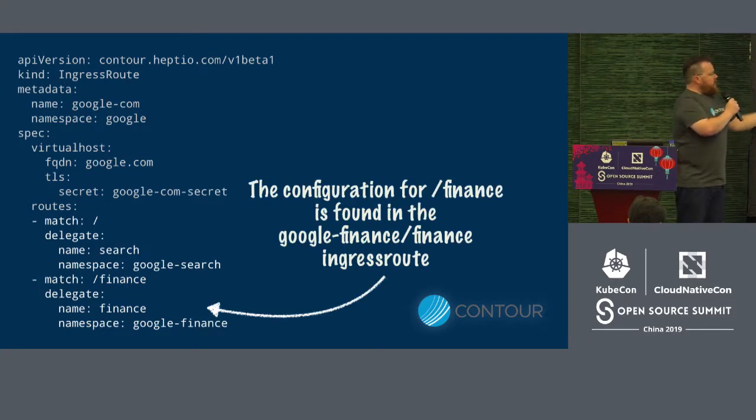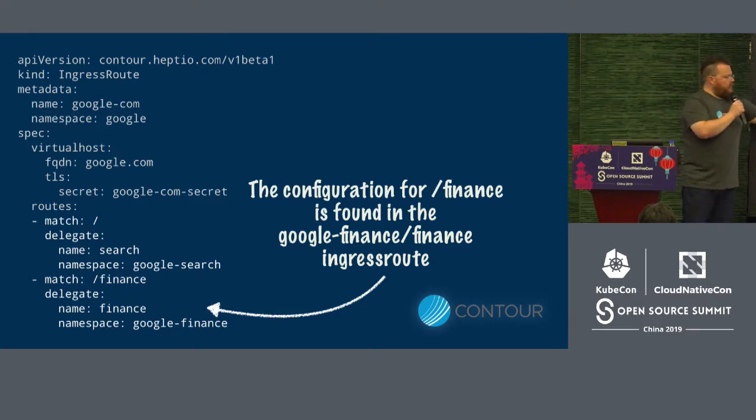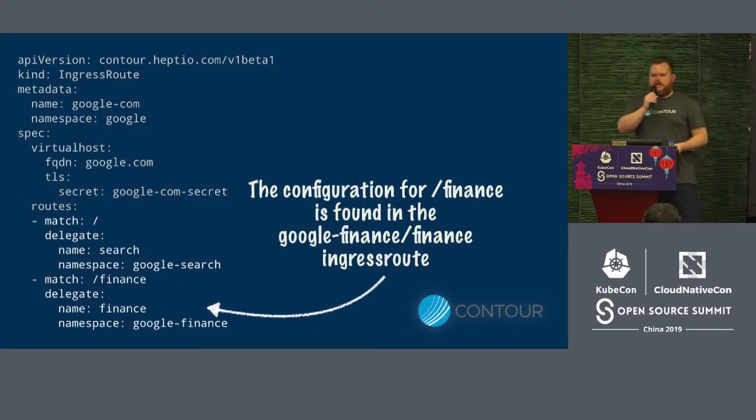And now down here, we have the standard matches that you've seen previously. We have this new stanza. Rather than service, we say delegate. And you can think of delegation at this level kind of like file include. We're saying, okay, go and include the search document in the Google Search namespace, and go and include the finance document in the Google Finance namespace.